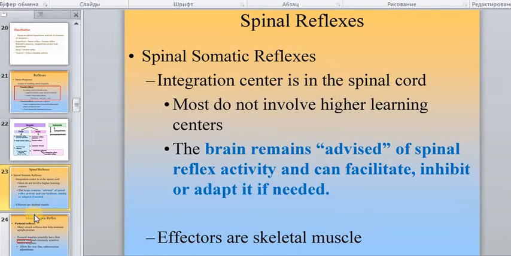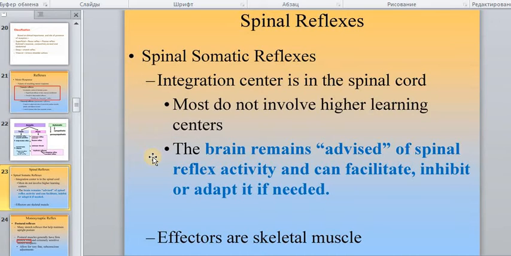And where we are: spinal somatic reflexes. The function of the spinal cord is integration. In gray matter we can find the integration centers, and most do not involve higher learning centers.